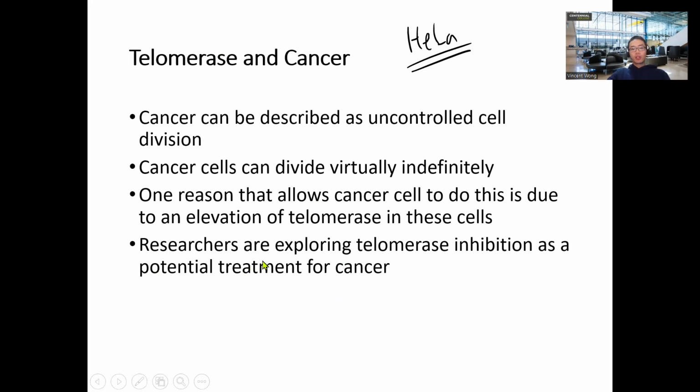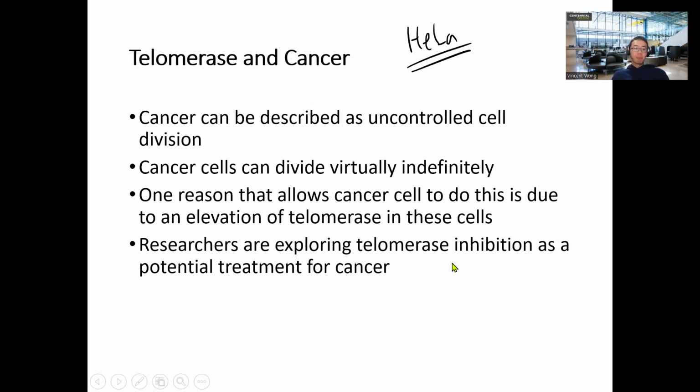So some researchers are trying to exploit this telomerase aspect of cancer. If they could come up with some telomerase inhibition, then they could stop the cancer cells from resetting the telomere length, and hopefully the cells will be prohibited from dividing. But it's not as straightforward, because let's say they have telomerase inhibition therapy.